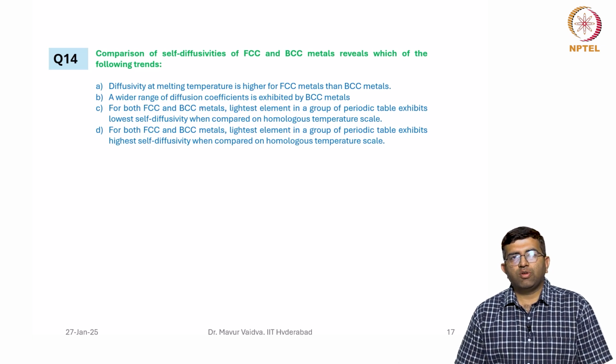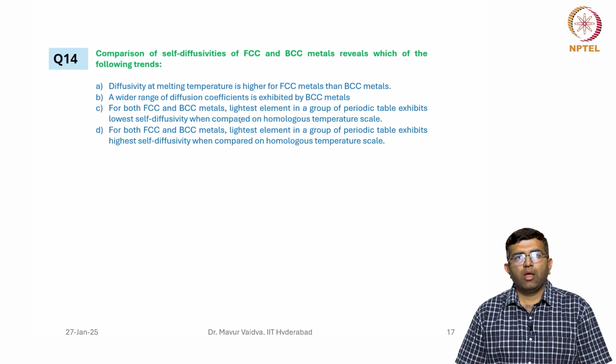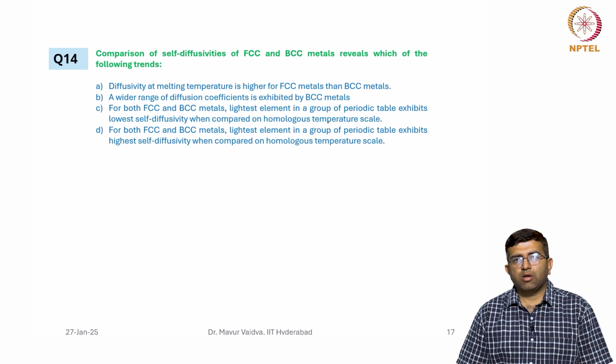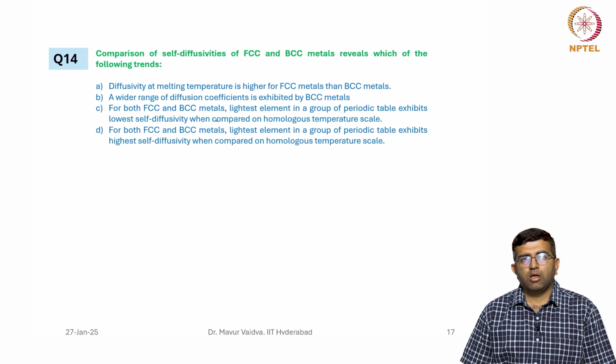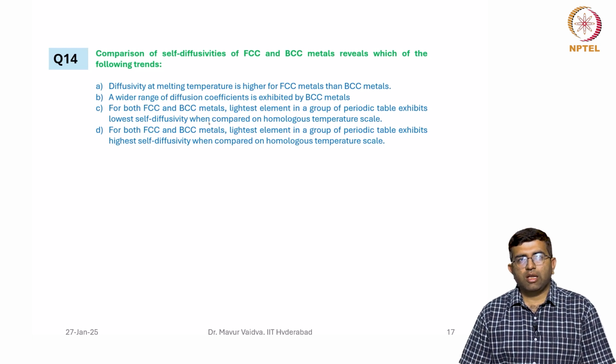A wide range of diffusion coefficients is exhibited by BCC metals. This is correct. For both FCC and BCC metals, lightest element in a group of periodic table exhibits the lowest diffusivity when compared on the homologous temperature scale. This is correct because this is an empirical relation that is observed for several groups of periodic table elements.